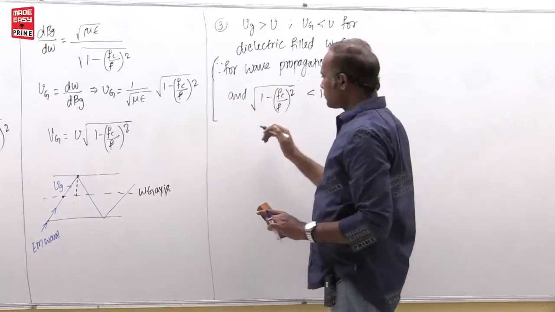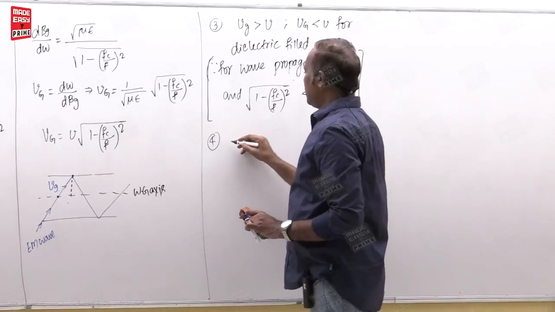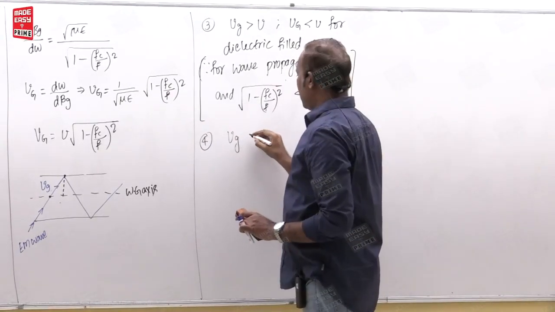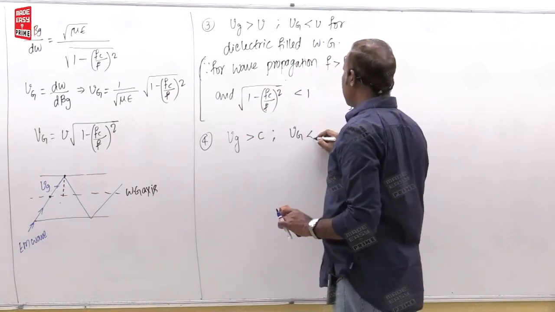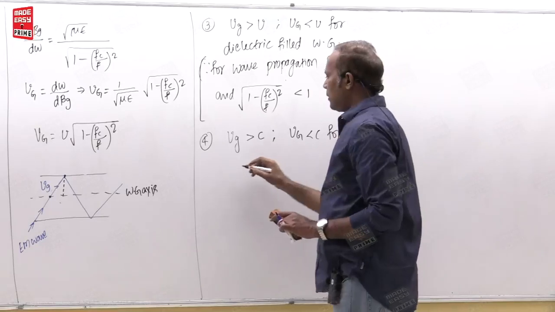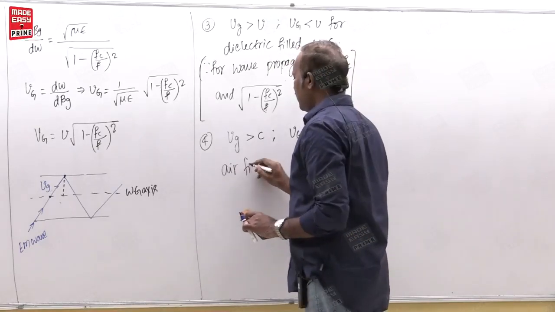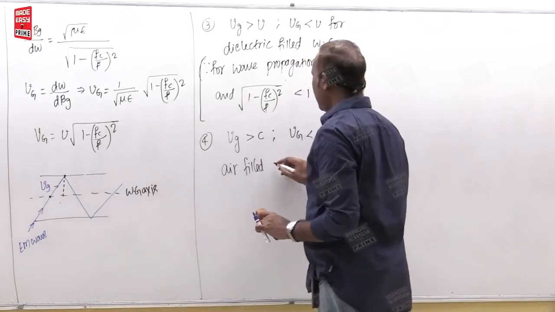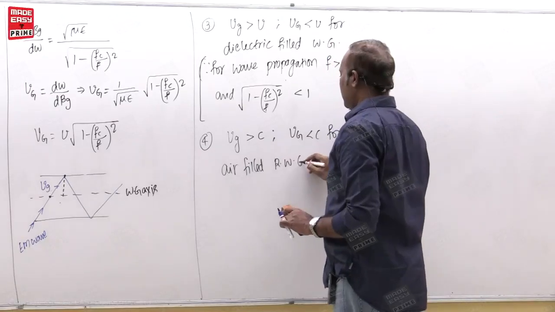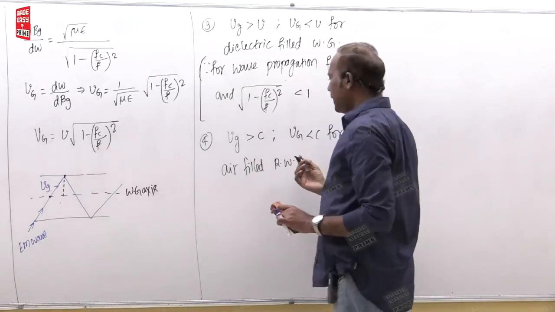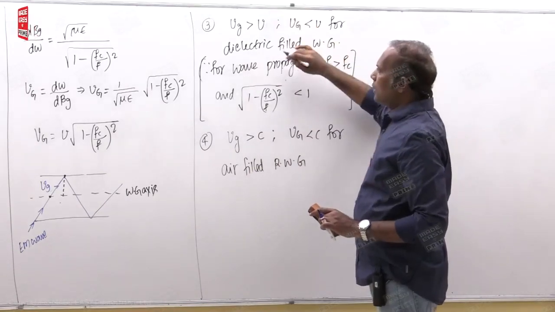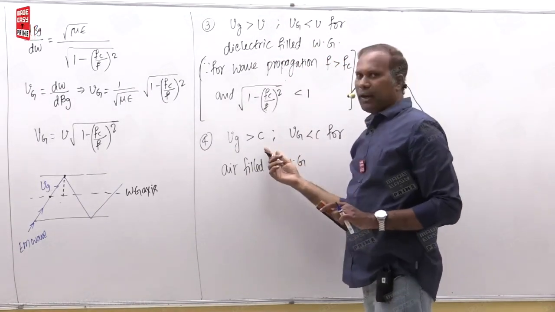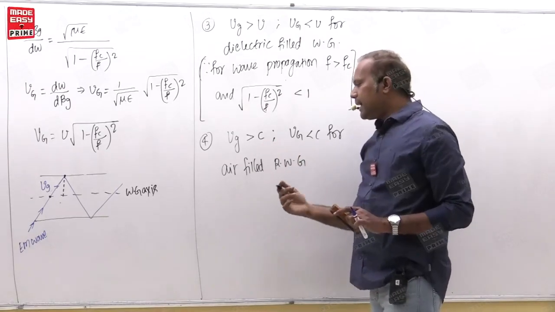Right? Next, fourth point. V guide phase velocity greater than c and V capital G group velocity less than c for air-filled rectangular waveguide. So here air-filled means this v is equal to 1 by root mu epsilon. For an air-filled waveguide, that v becomes c.